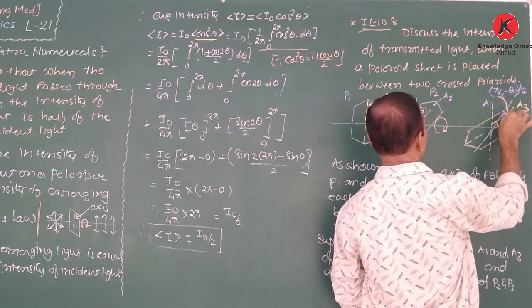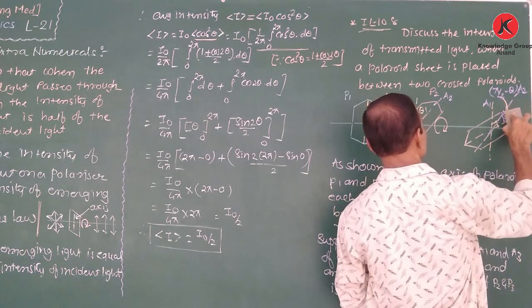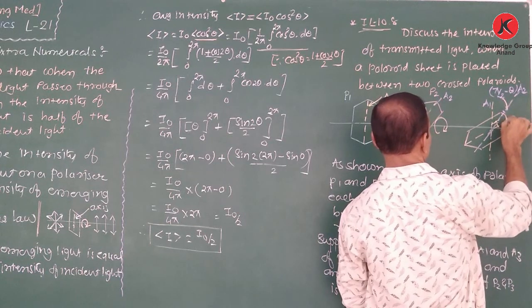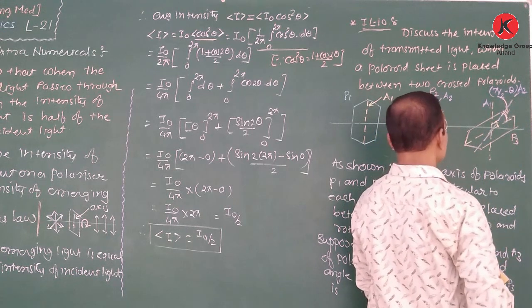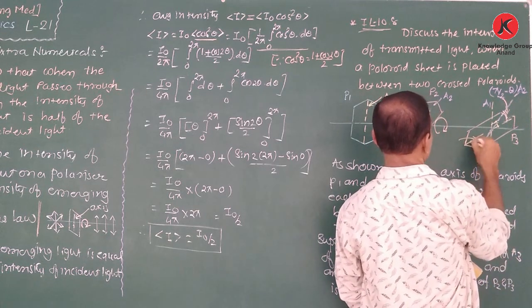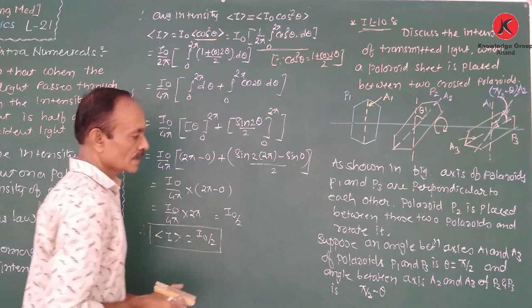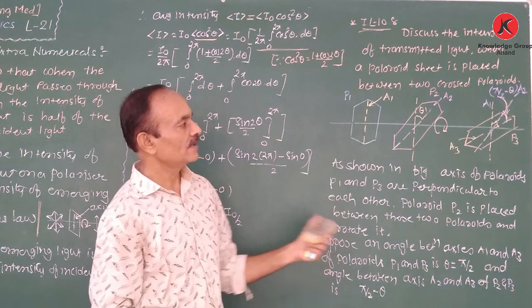That is the angle between these two. That is the axis A3. So it's pi by 2 minus theta. Clear?